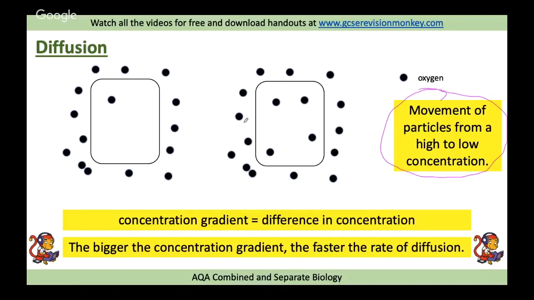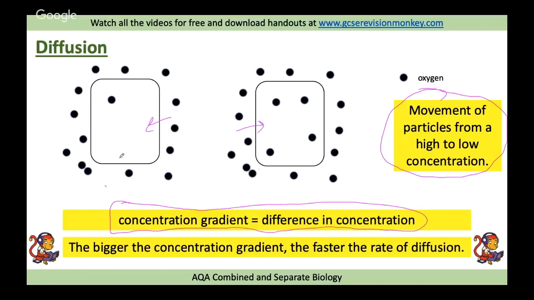So in both of these cases, concentration is higher on the outside compared with the inside. So oxygen would diffuse into the cells. However, this is the bit that's important. The rate of diffusion depends on the concentration gradient. That is the difference in the concentration between inside and outside of the cells.